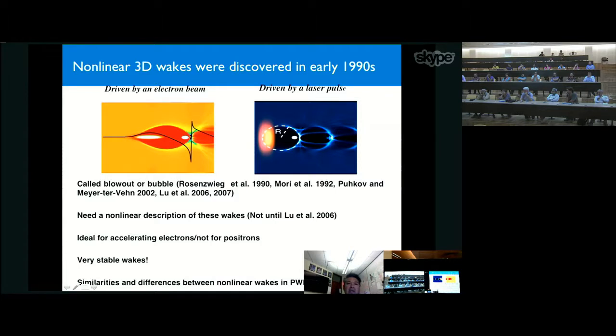The whole idea is that you would load the wake with an electron or positron beam somewhere, which would then get accelerated along with the beam, and you would take away energy so that nothing is left behind.